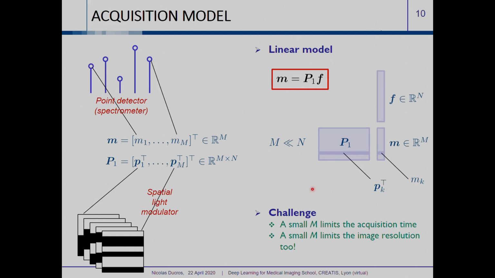This is also something you have in other modalities. To limit the acquisition time, you want to limit the number of measurements, but you sacrifice the spatial resolution of the reconstruction. So this is where we have to be a bit smart when we do the reconstruction.